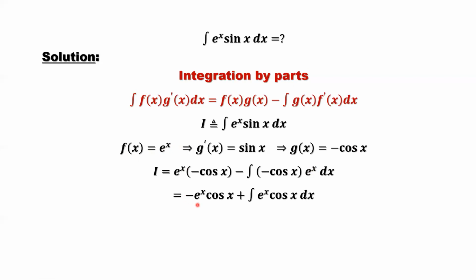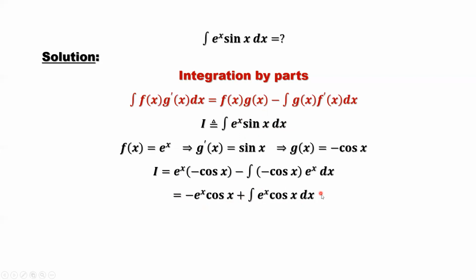The purpose of using integration by parts is to simplify the original problem to get the answer. Look at here. The original question is the integral of e to the power x times sine of x with respect to x. Right now, what do we have here?